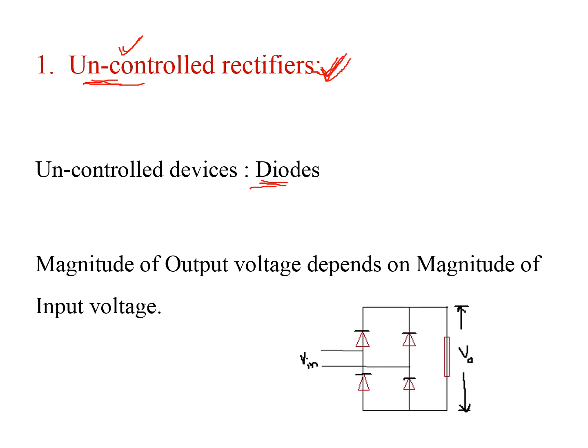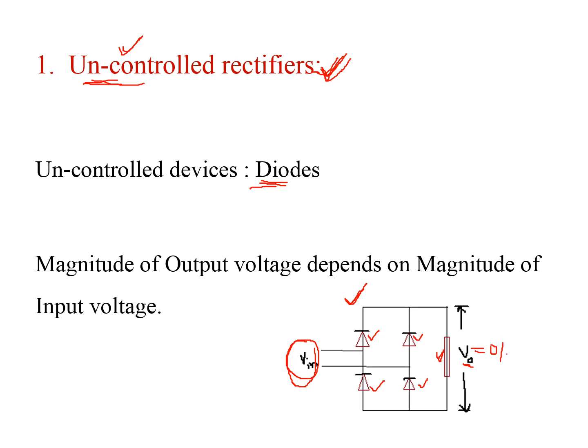This is the construction of an uncontrolled rectifier, consisting of diodes, which are the uncontrolled devices. Here this is the input to the rectifier circuit, indicated by Vin, and this is the load. The voltage across the load is V0, which we can consider the output voltage.